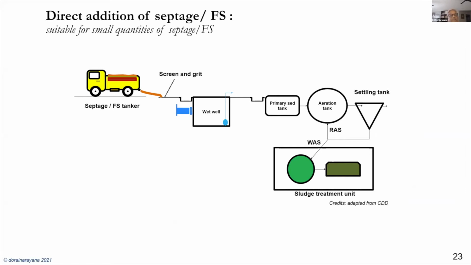So it just goes in. And this is not a very good practice unless the quantities that you are adding are very small or the strengths are very low. So I would say that we don't do this unless you have a very tiny portion of sludge compared to the capacity of your treatment facility. Otherwise, you might have an upset in your treatment facility.